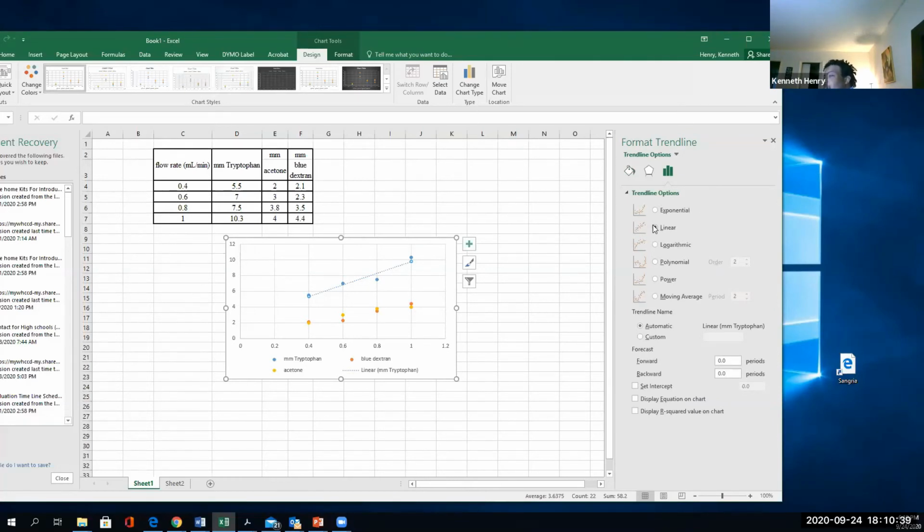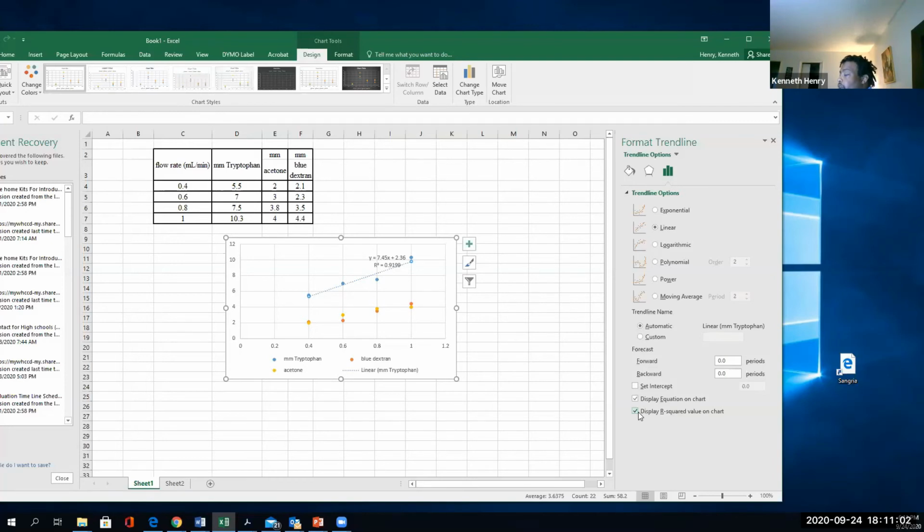So I think my line is going to be linear. If I want the equation to be shown, it'll display the equation. And if I want to see how accurate my equation is, I'm going to use R squared. Your R squared value basically lets you know how well your data fits your curve.